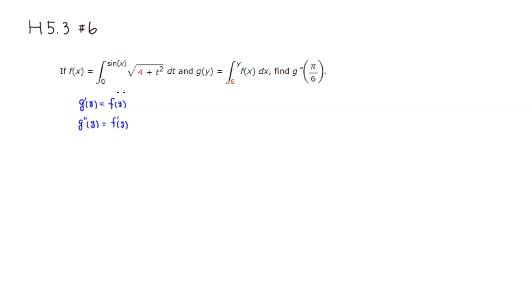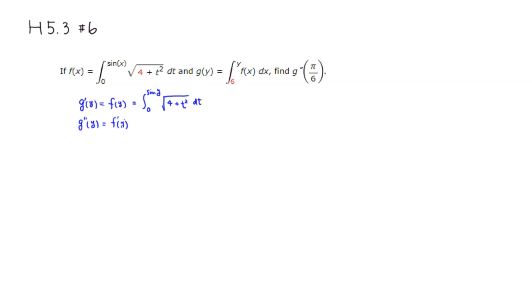So f of y would be the integral from 0 to sine of y, because we have to put y instead of x, of square root of 4 plus t squared with respect to t.